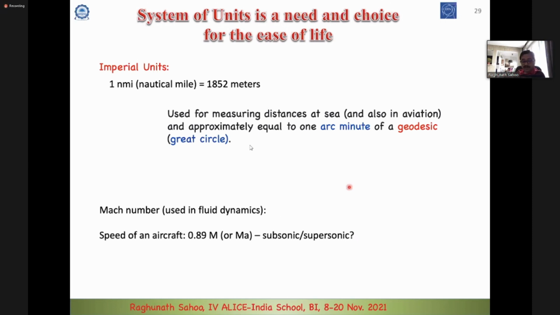Although we use hydrodynamics for understanding our quark-gluon plasma, the Mach number is more often used in fluid dynamics. So the rationale of my discussion here is that the choice of units depends on the need, and you understand the rationale of using natural units in high energy physics.